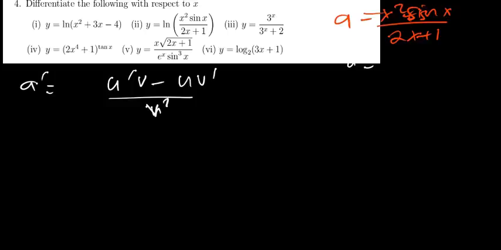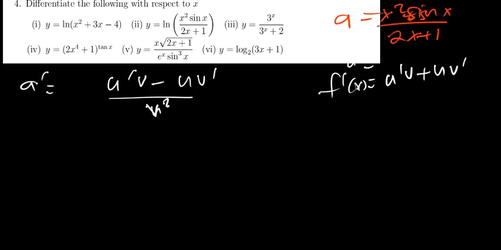Quotient rule goes like this: u prime v minus u v prime, divided by v squared. Now in this case, u is x squared sine x. For me to differentiate that, I need to apply another rule that we call the product rule. Product rule goes like this: u prime v plus u v prime.